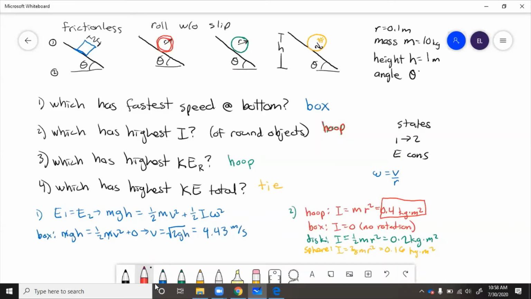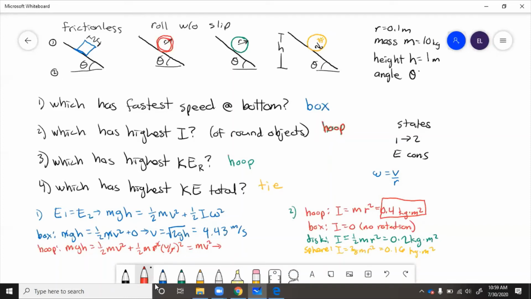So then the hoop will have mgh equals 1/2 mv squared plus 1/2 I omega squared, which is going to be 1/2 m r squared times v over r squared. So these r squareds cancel, and we just get m v squared.